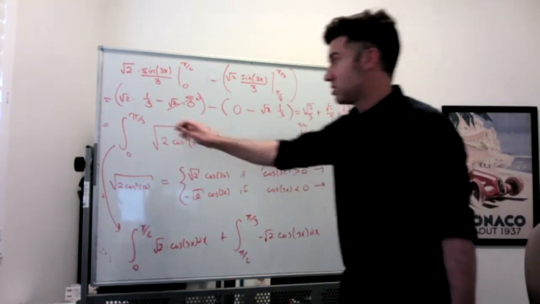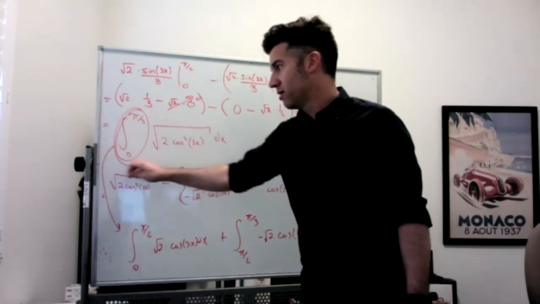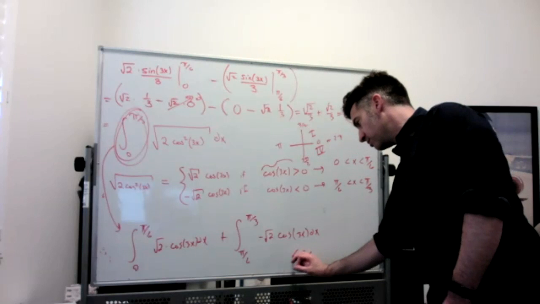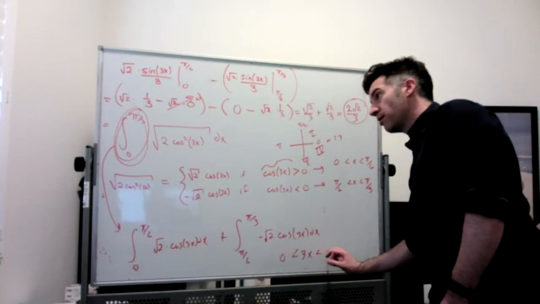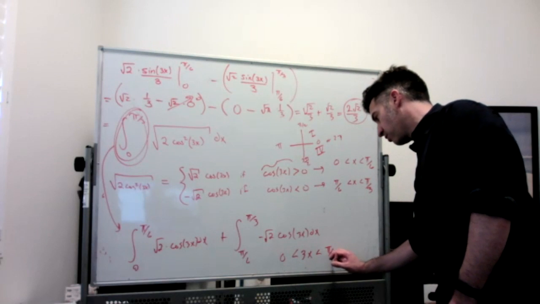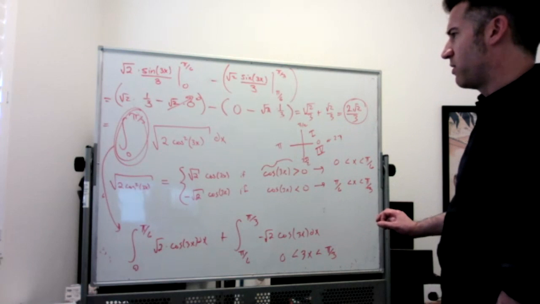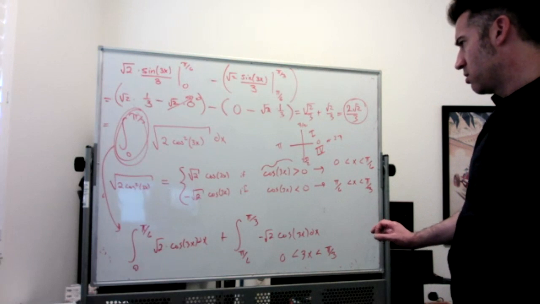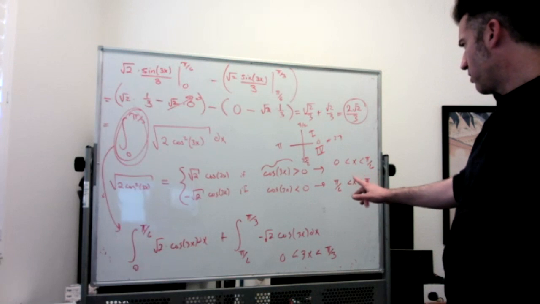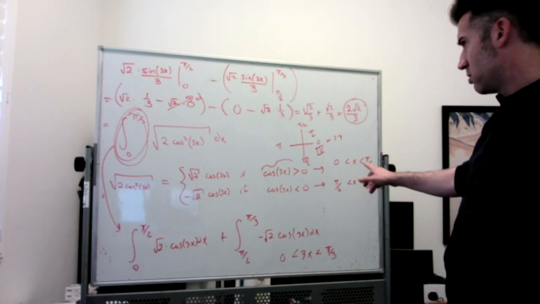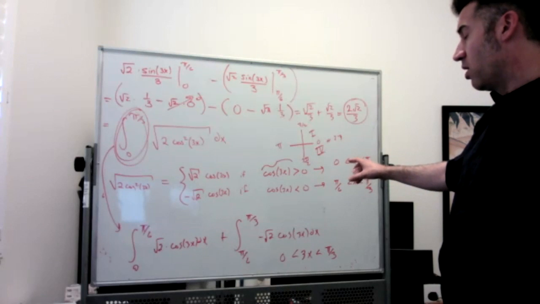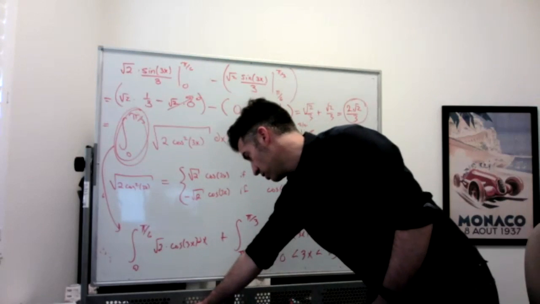So I'm starting with the fact that my angle 3x is between 0 and pi over 3, which feels kind of wrong. No, sorry, that's a little bit wrong actually.